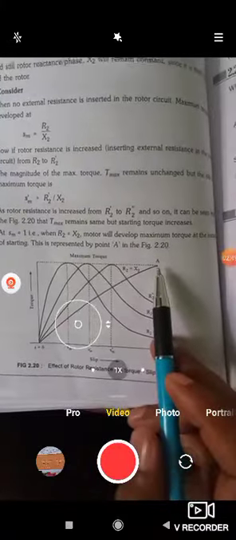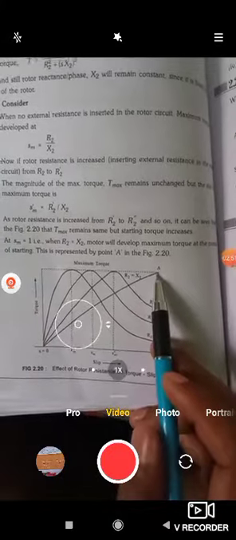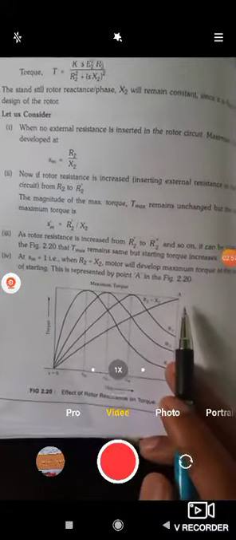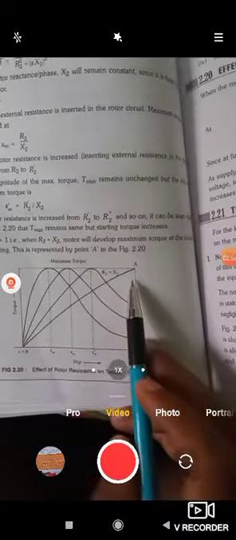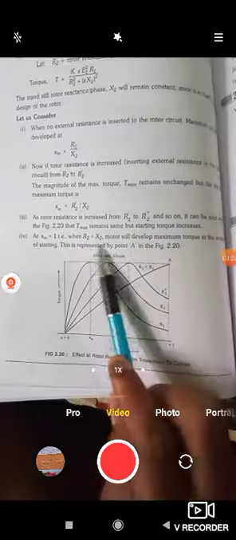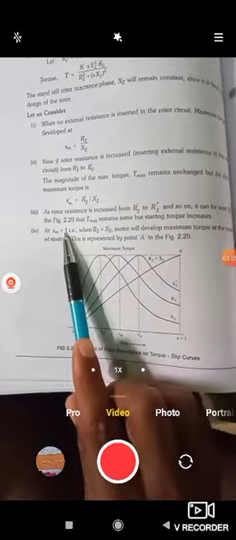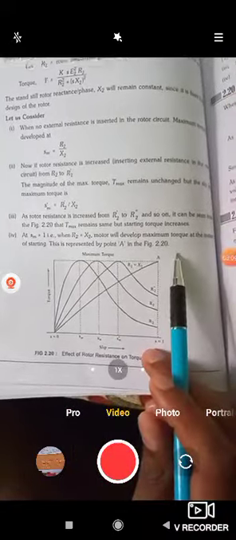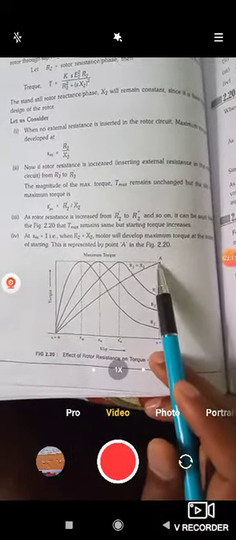That is, if you want maximum torque at start, we have to increase the resistance to X2. If R2 equals X2, then Sm will become 1, and maximum torque will be developed at starting itself, at point A.